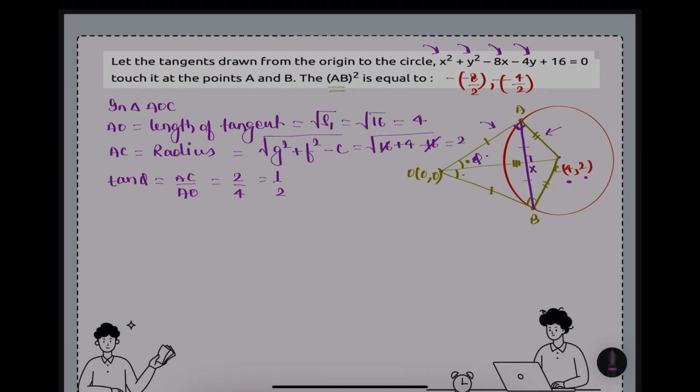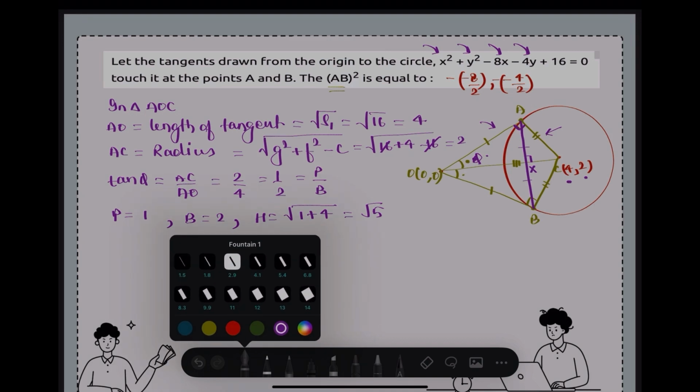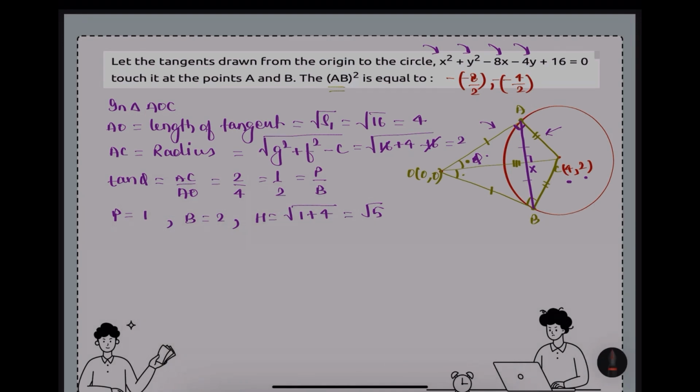So can I say that perpendicular is 1 unit, base is 2 unit? Can I ask you what is hypotenuse? Hypotenuse will be root over p square plus b square, so hypotenuse will be root of 5. Now you know who is theta.